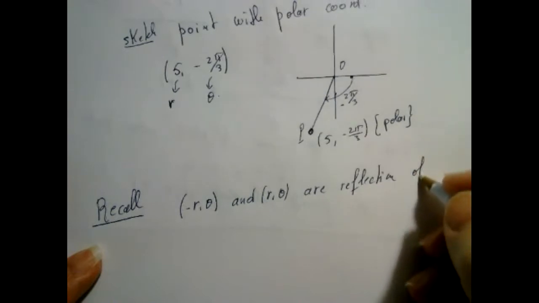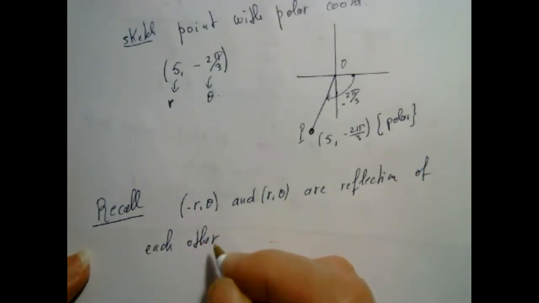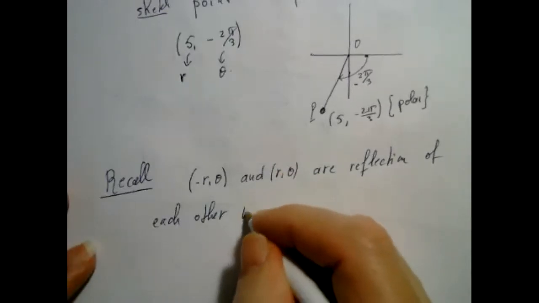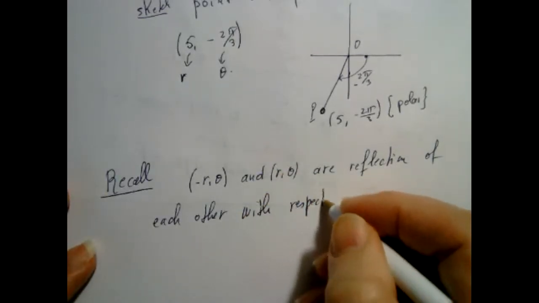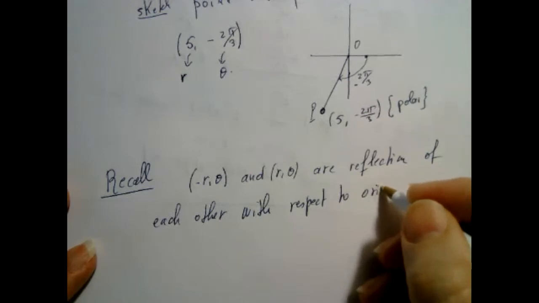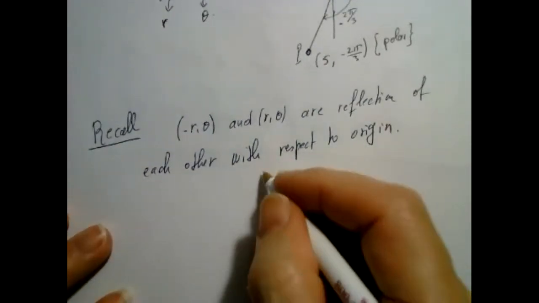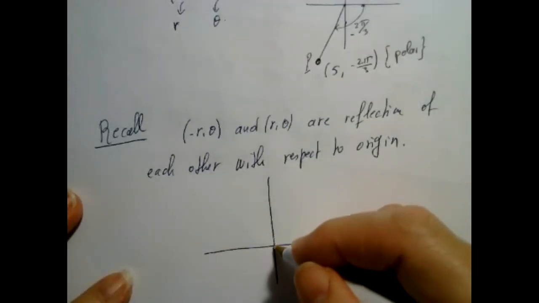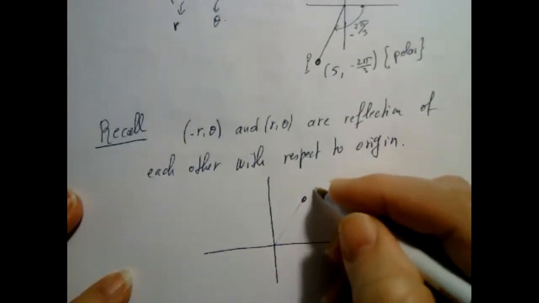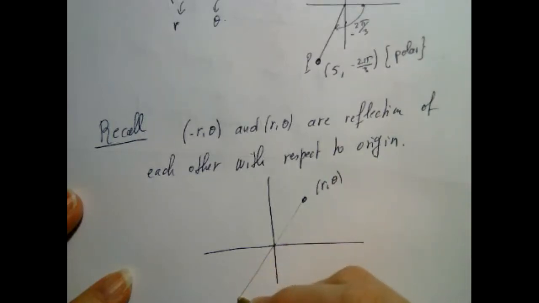A reflection of each other with respect to the origin. So graphically, that's what r theta and minus r theta are with respect to each other. If this is r theta, minus r theta is right there.